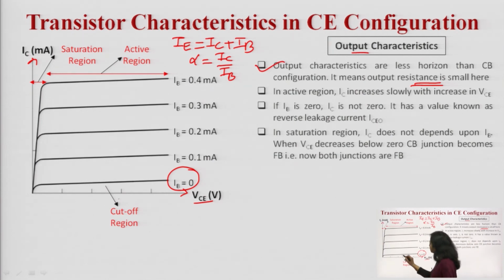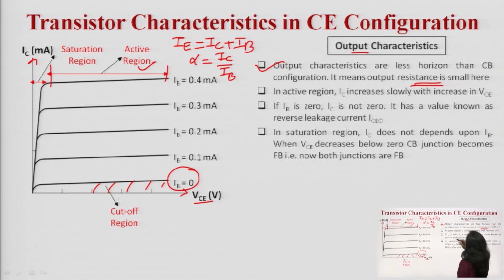At the same time, in this particular portion, even when IB is 0, IC is not 0, a very small amount of current flows, and this particular region is known as the cutoff region. You know that this is the active region and this one is the saturation region. In the active region, IC increases slowly with increase in VCE, which you have taken along the x-axis.